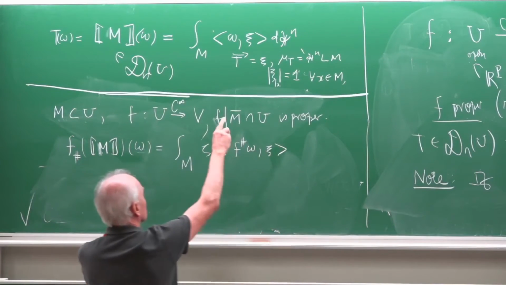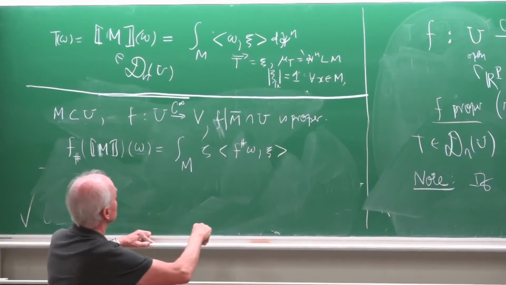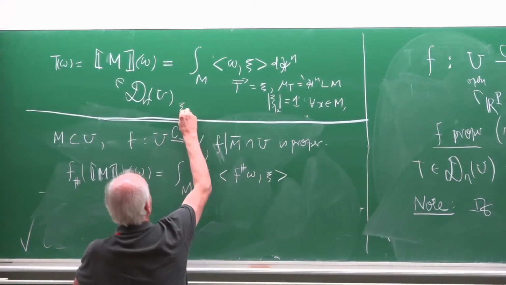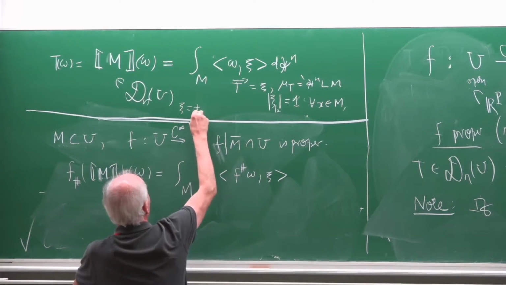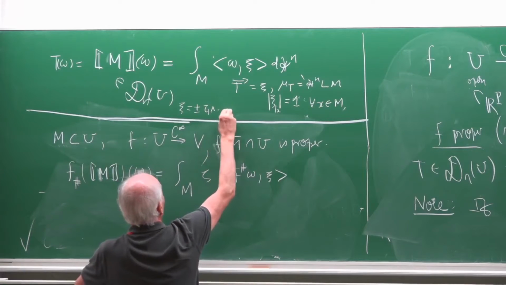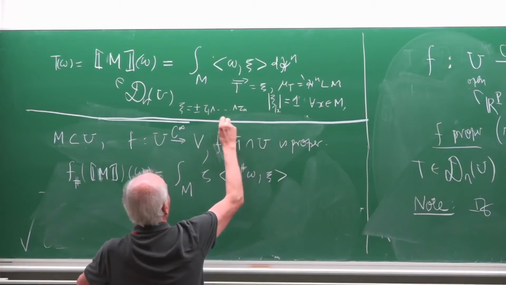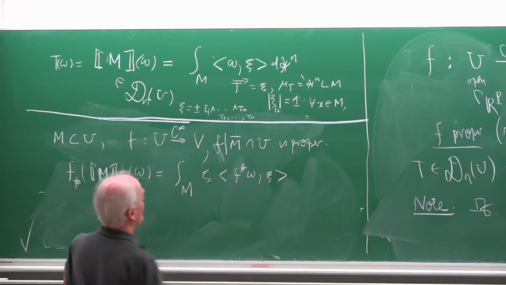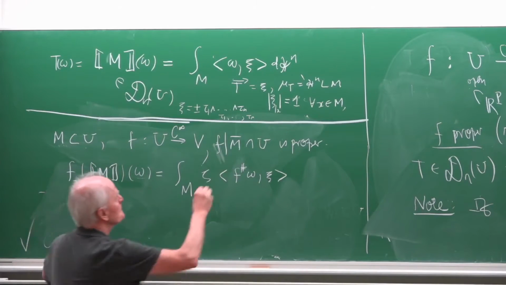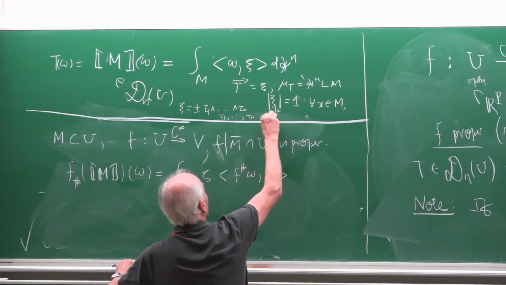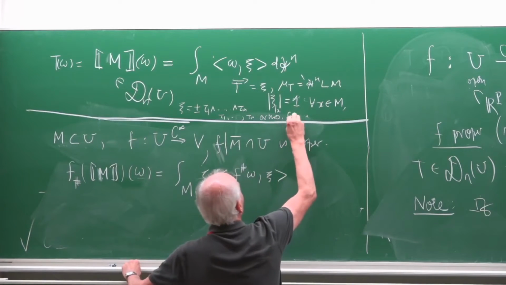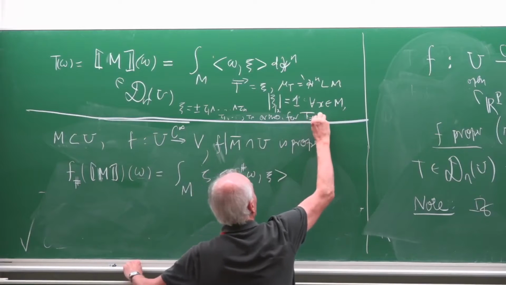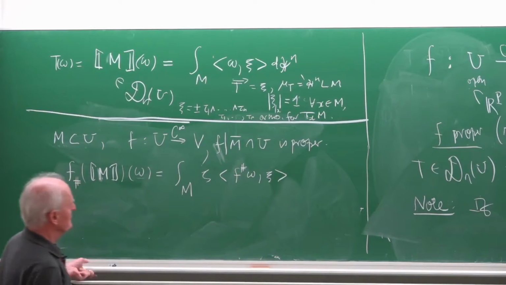Psi is, remember, the continuous orienting vector. At each point it's either plus or minus tau 1 wedge up to tau n, where tau 1 up to tau n is an orthonormal basis for the tangent space. So that's what we get.